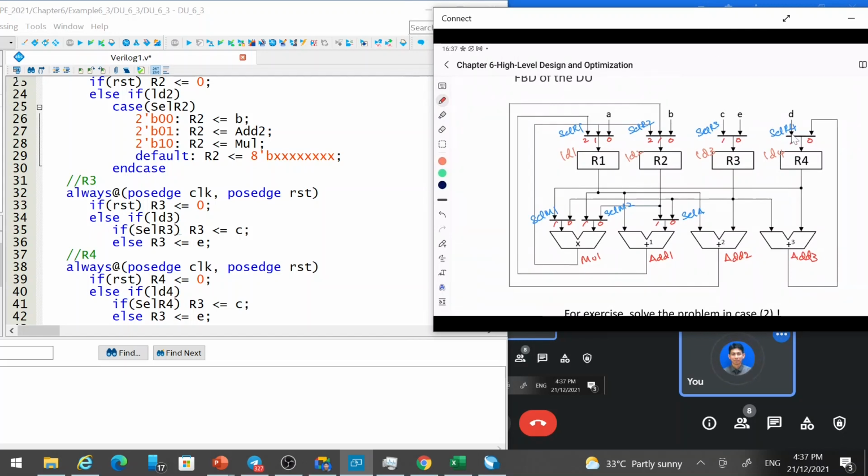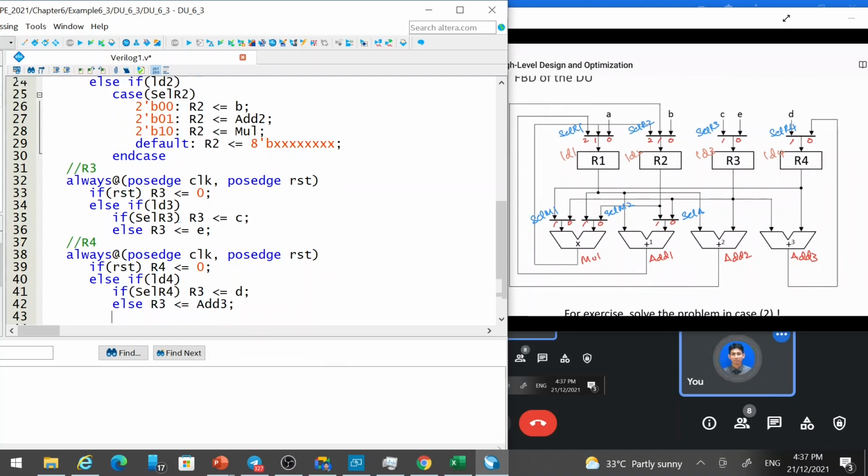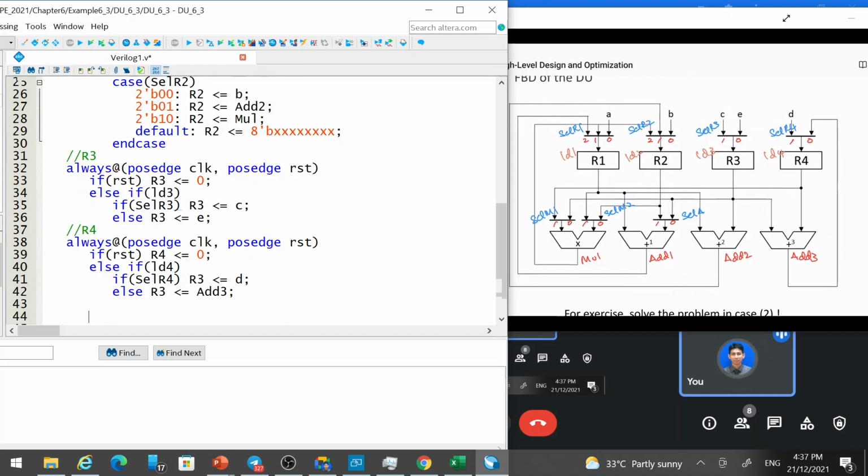If 1, we have D. And if 0, we have add 3. So this should be D, and this should be ADD3. Should be done for this. Now we define the multiplier, adder 1, adder 2, adder 3.